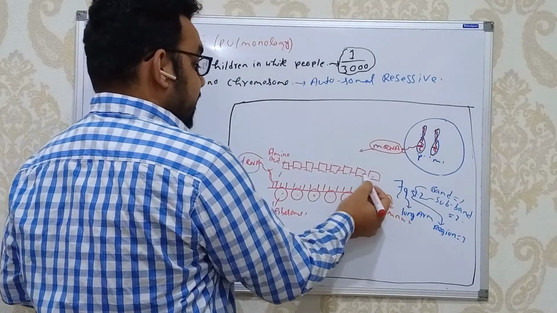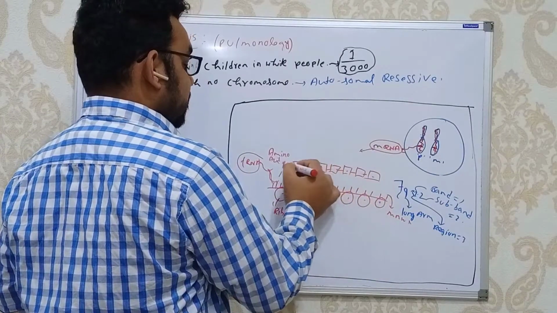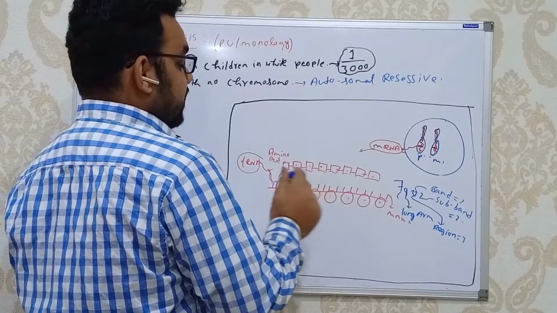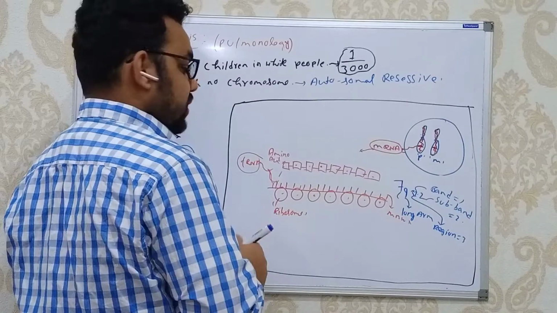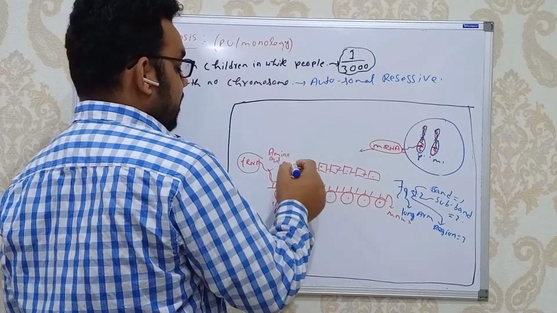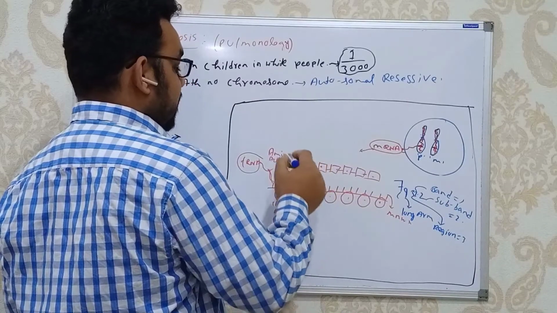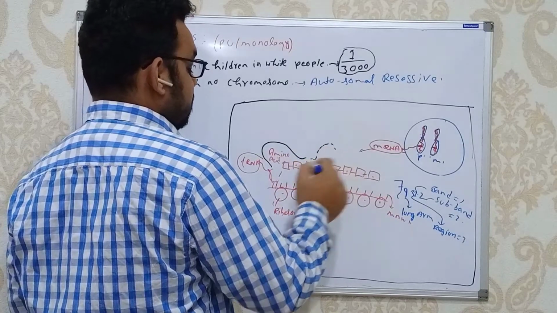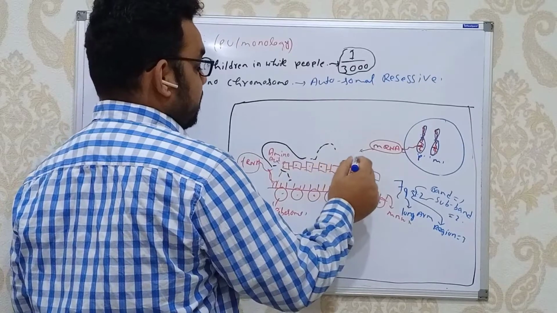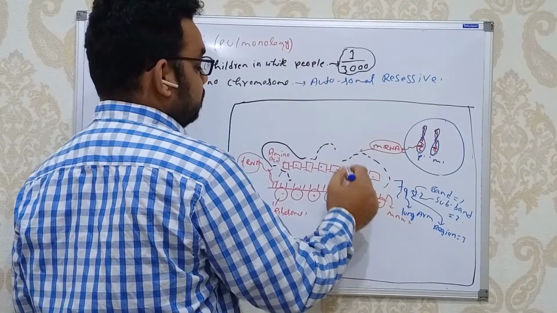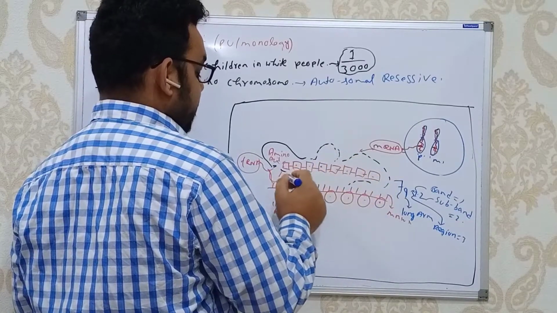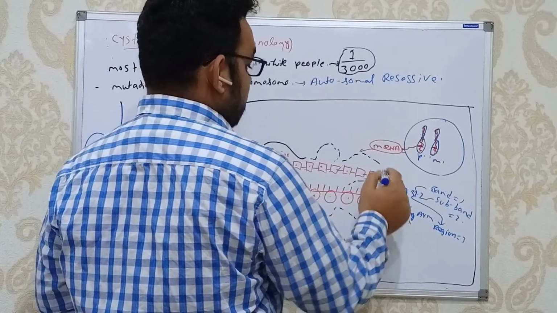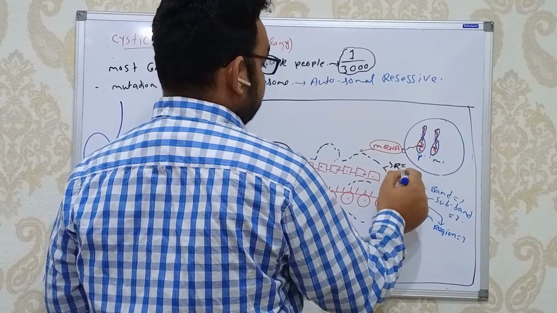After forming these amino acids, there is a linear single chain, a sequence of amino acids. Now this will be taken by the endoplasmic reticulum, the rough endoplasmic reticulum.